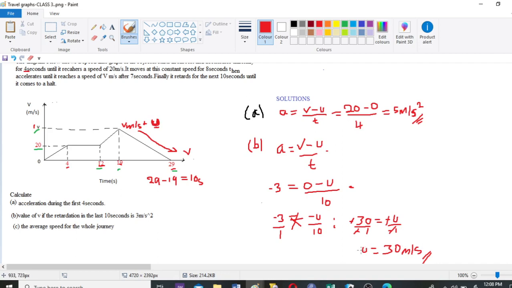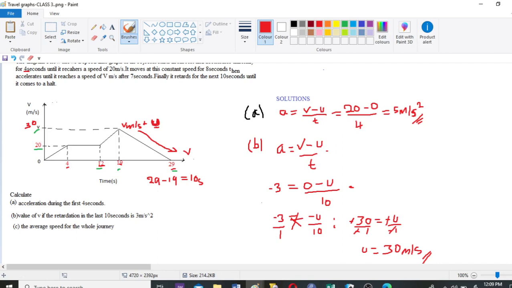This u is what is supposed to be here at the value of v, where we have v here. So the value of v that we've calculated is the same as this value of u here. So we are just going to write it here for you to see, because we've already calculated it.